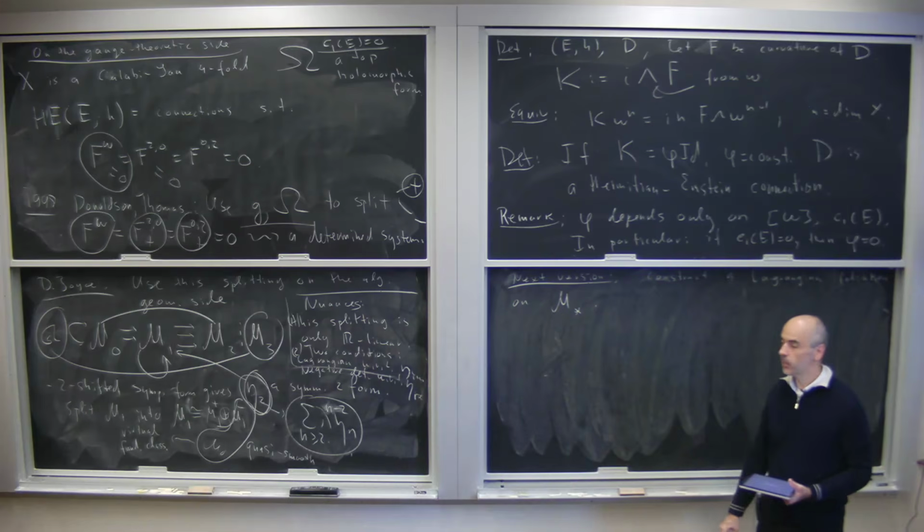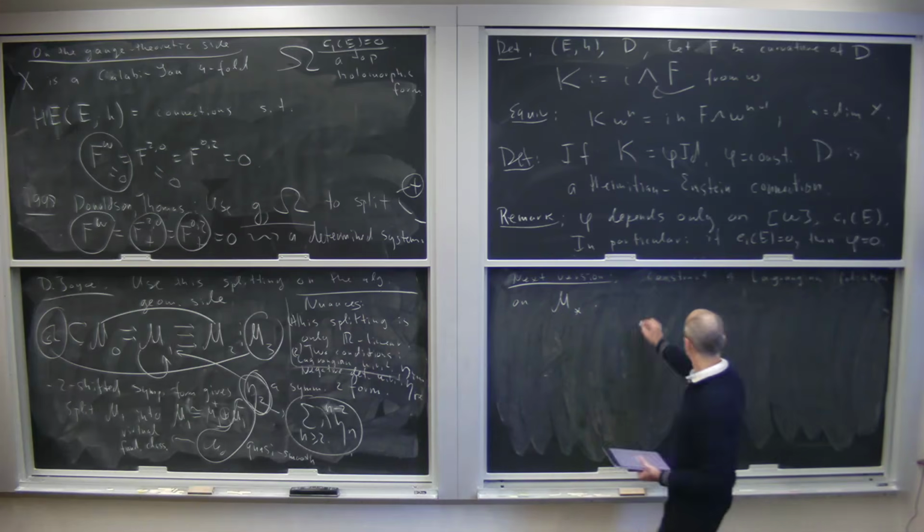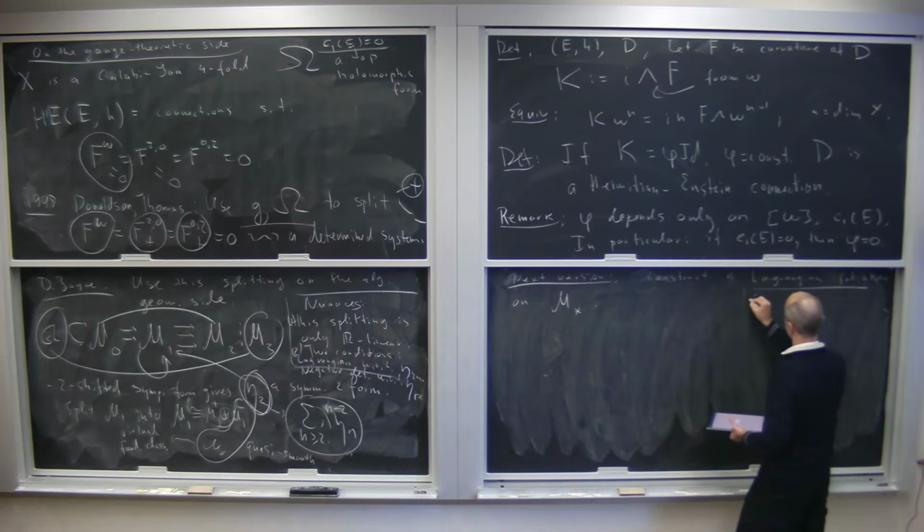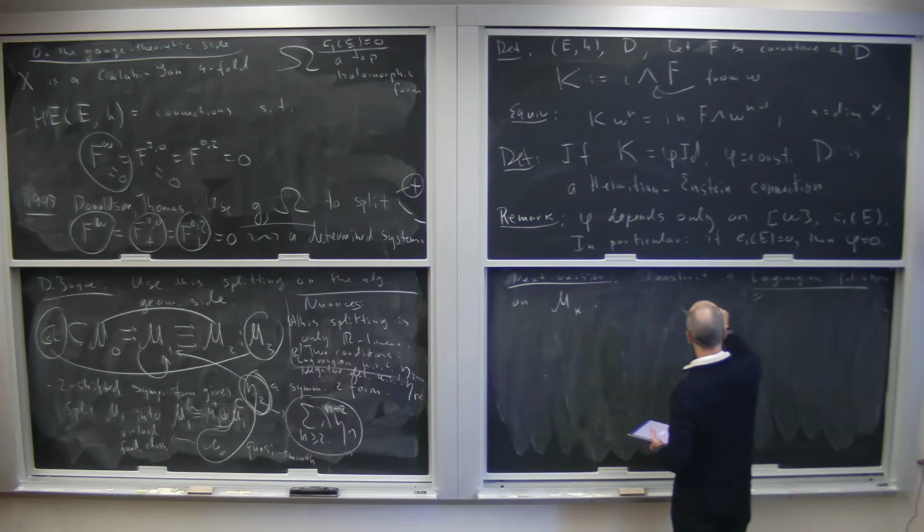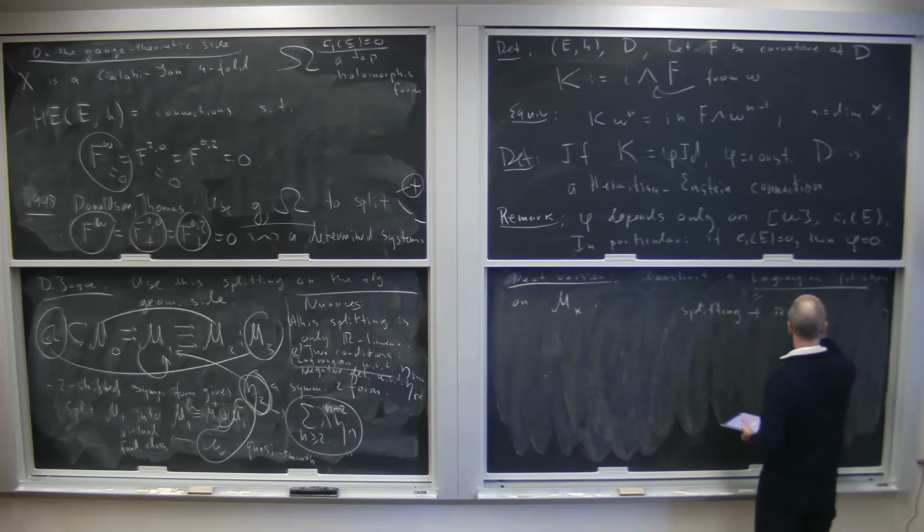What is the difference between a splitting and a Lagrangian foliation? This foliation means that it is a splitting plus an isotropic structure.